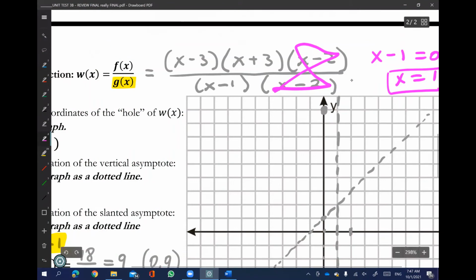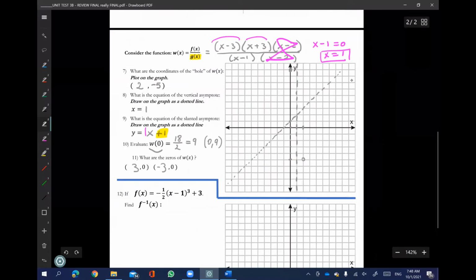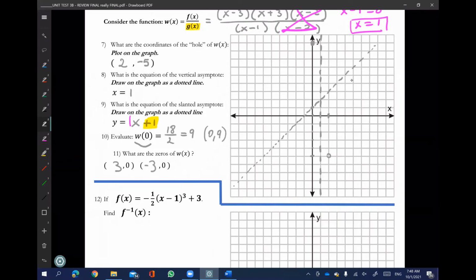So x minus 3 equals 0 when x equals 3, and x plus 3 equals 0 occurs when x equals negative 3. So I can plot those 2 points at negative 3 and at positive 3.